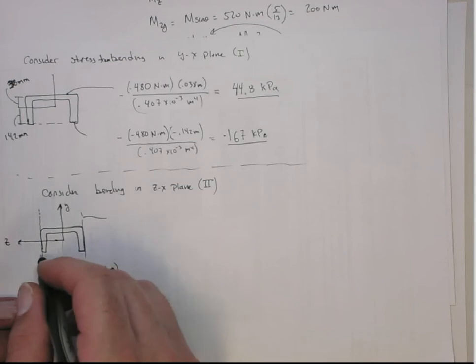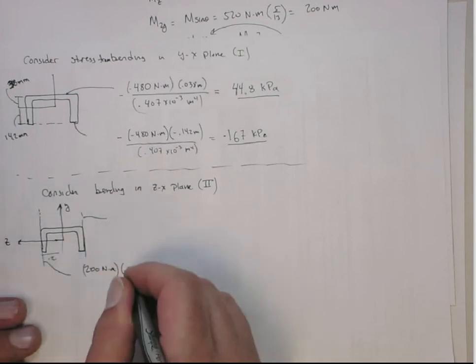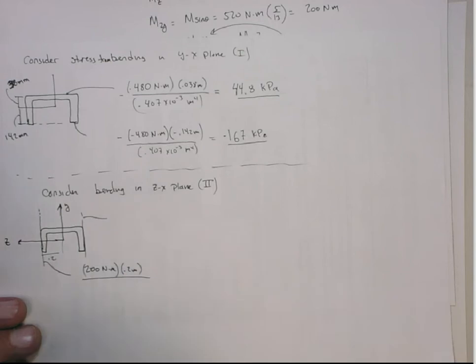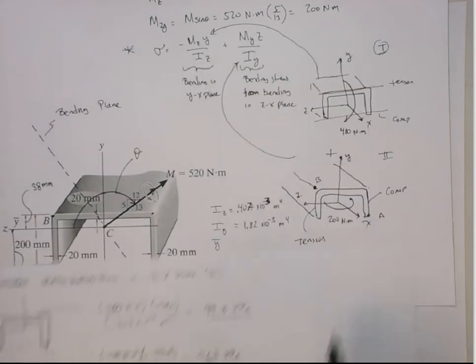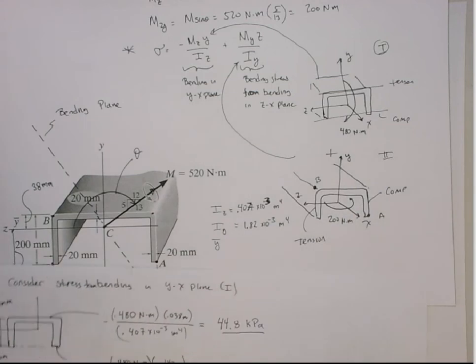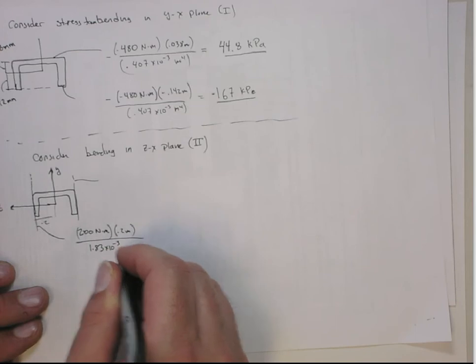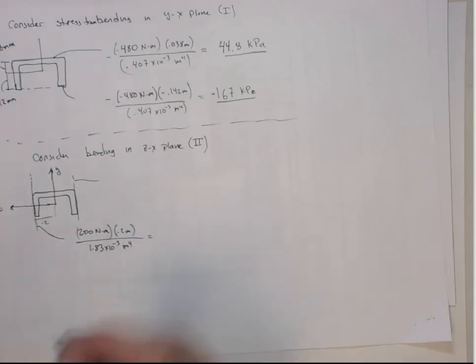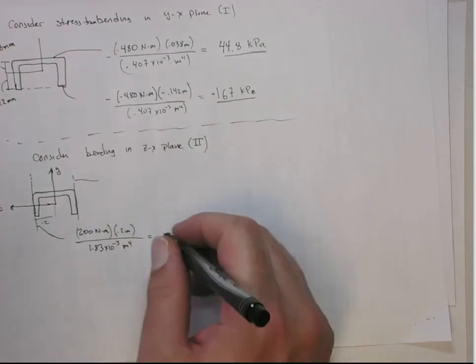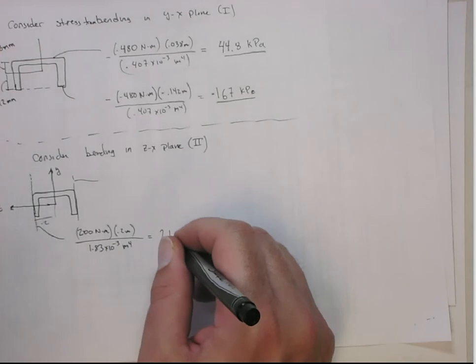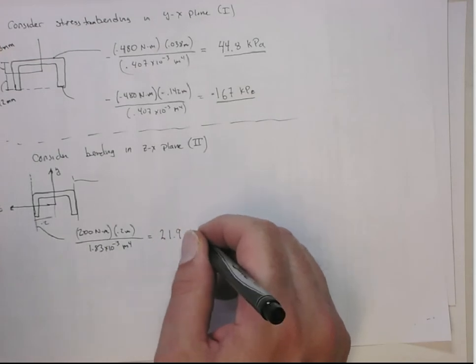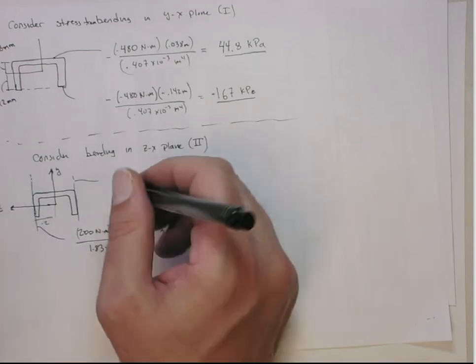Now its distance here, this is 0.2 meters, over I, which is the I about the y-axis, that's the 1.83 times 10 to the minus third. And that gives me a stress of 21.9 kilopascals tension. Now this side is going to be a compressional stress.